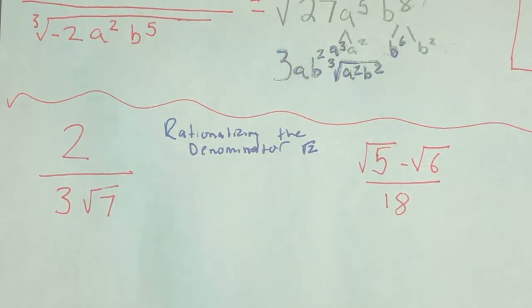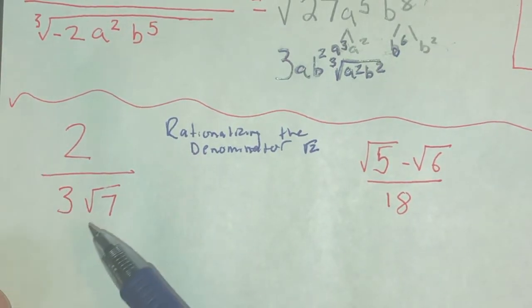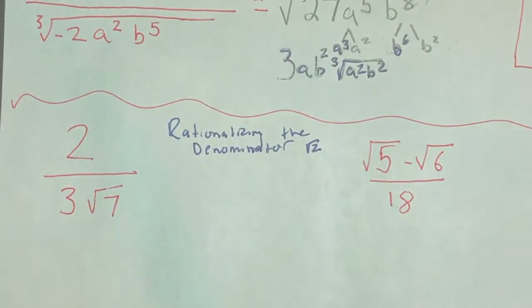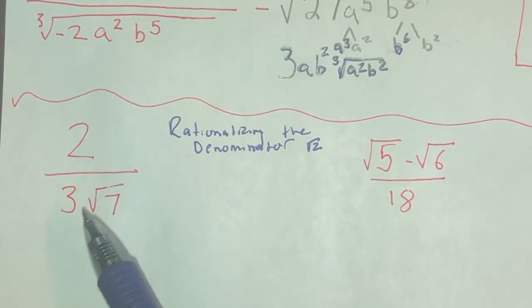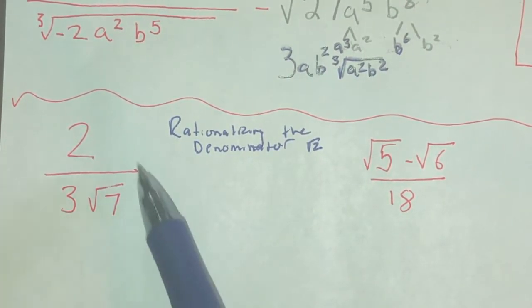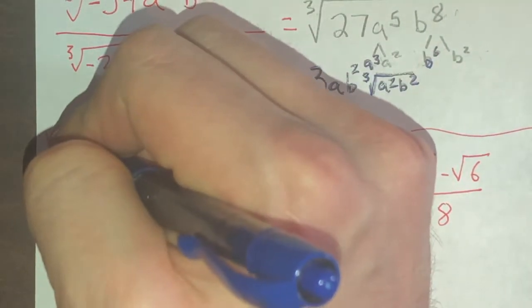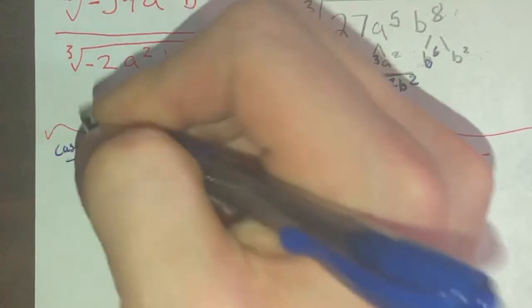We're going to try to do what we call rationalizing the denominator. And our goal here is to eliminate any square roots we don't like from the denominator. Now, I've shown this a couple ways. One way, this is what I'd call case 1.